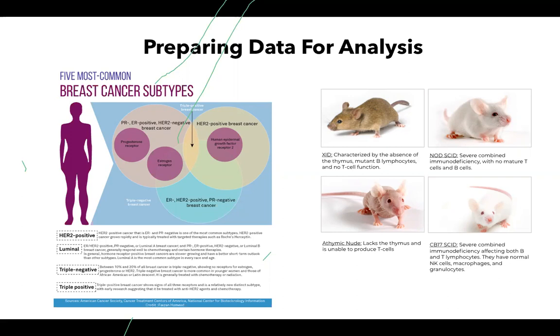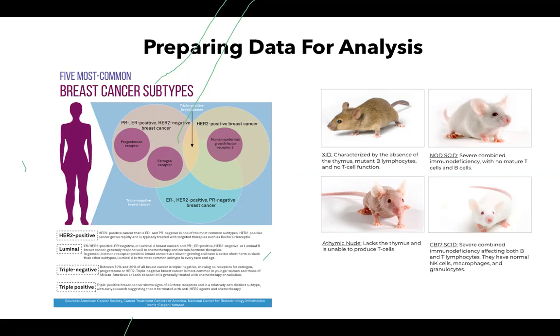A total of 4 different mouse models were used in the original study. The 4 types of mouse models are SCID nod mice, which have severe combined immunodeficiency, so they don't have T cells, they don't have B cells.